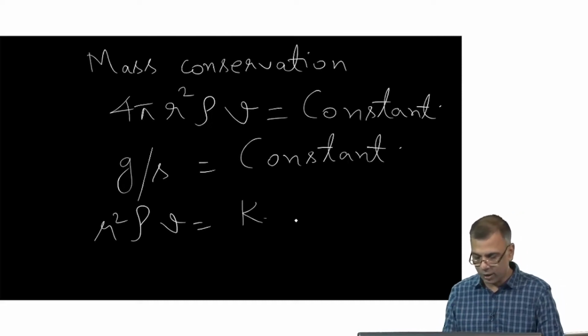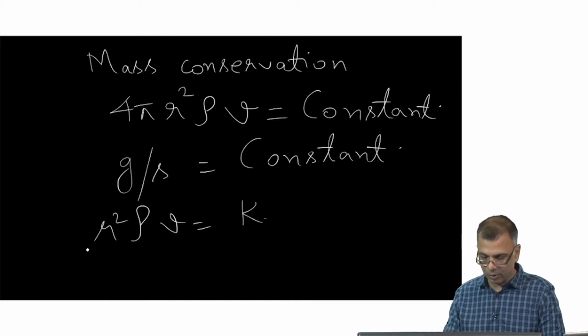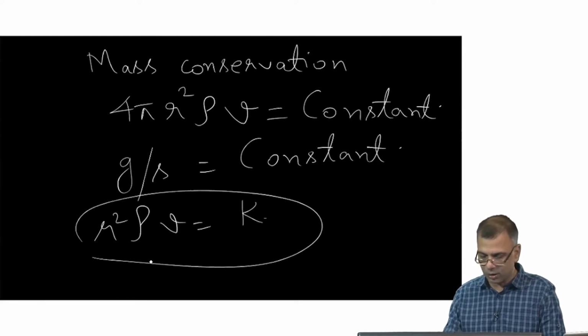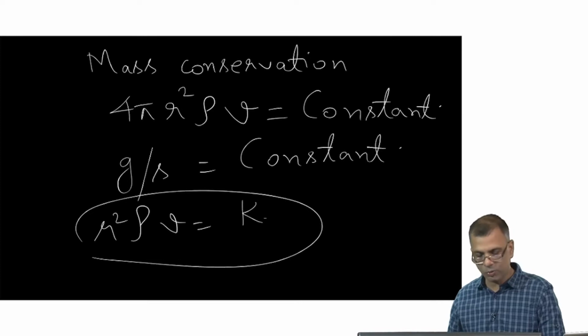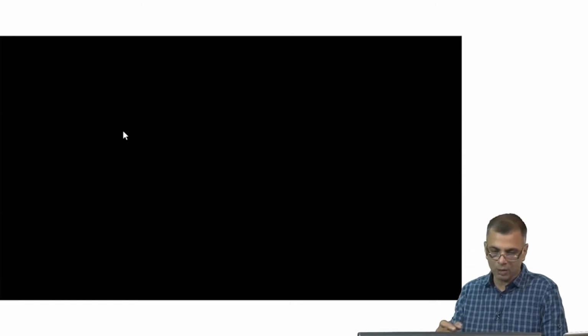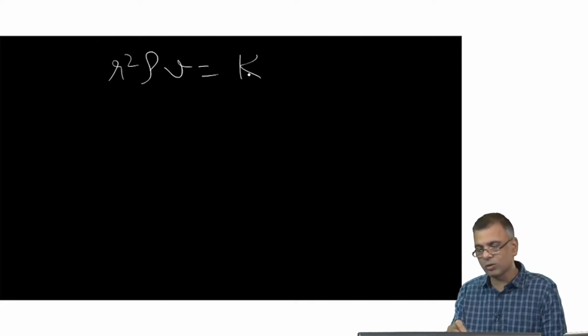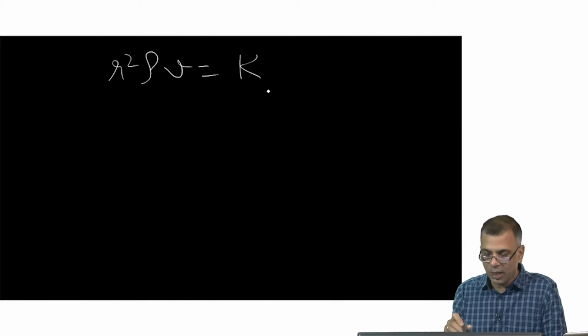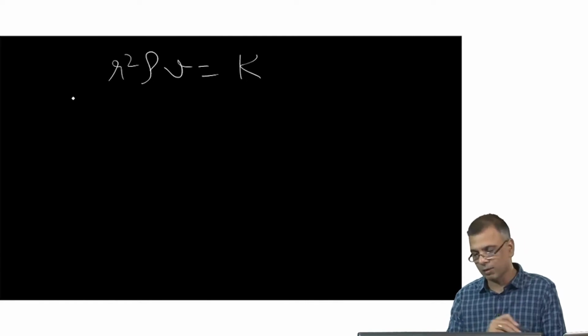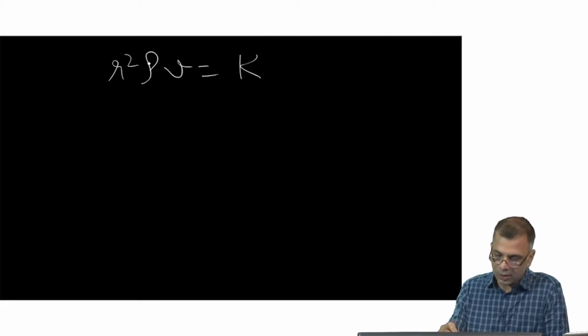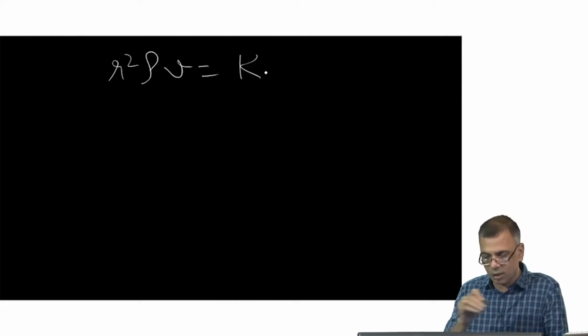So remember this equation, and I choose not to use this form of the equation. I differentiate both sides with respect to r, recognizing that rho is a function of r, v is also a function of r, but k is not a function of r.